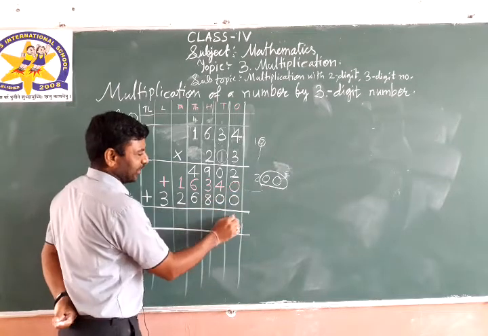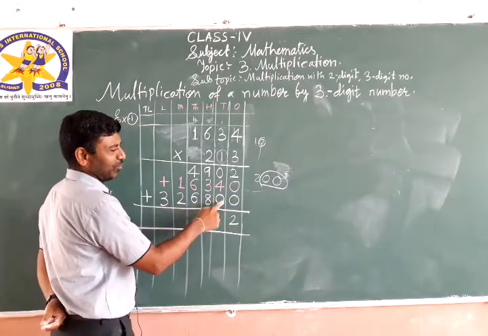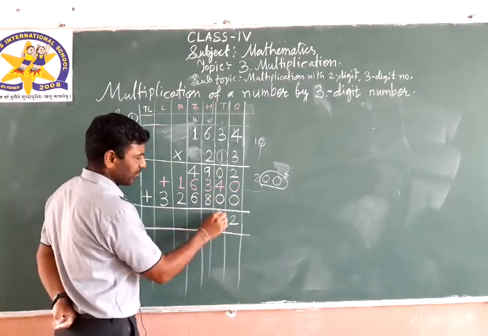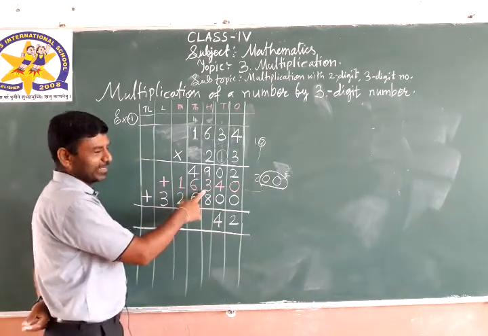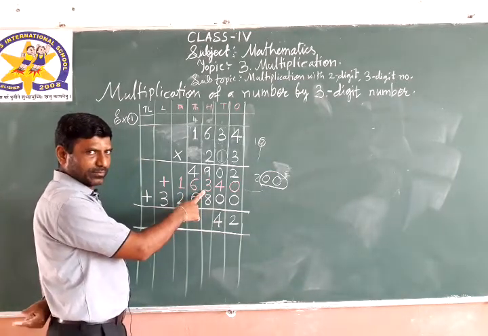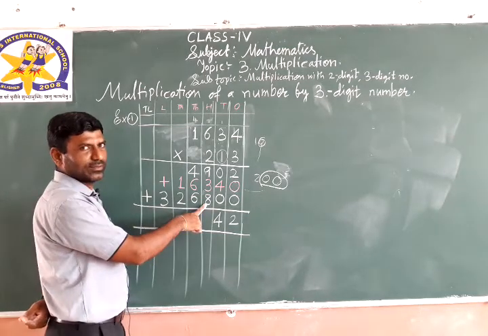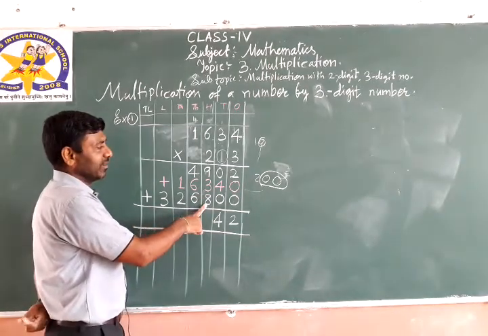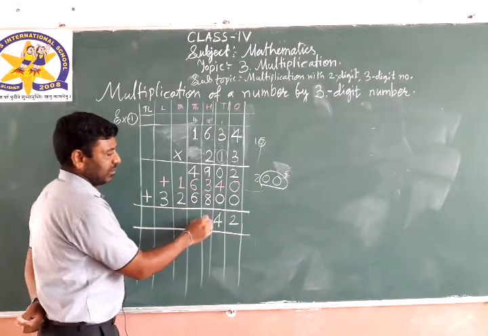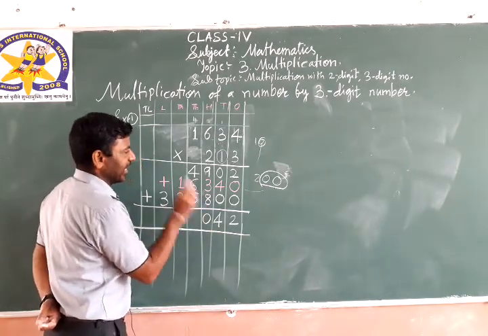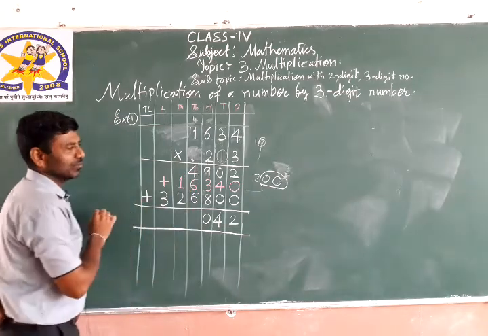2 plus 0 plus 0, 2. 0 plus 4 plus 0, 4. Now 9 plus 3, 12. 12 plus 8, 20. 0 carry 2.